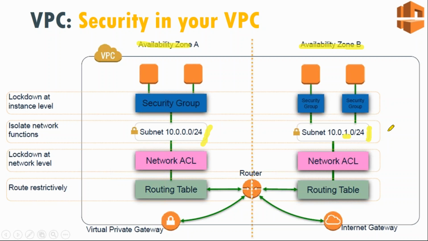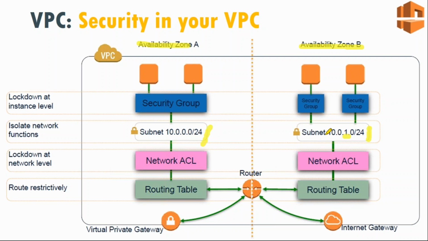There are CIDR expansion tools available. If you just copy paste this IP address in a CIDR expansion tool on the internet, it will tell you what your starting IP address and your ending IP address are. For this one, for example, the ending IP address will look like 10.0.0.255, and this one will be 10.0.1.255.